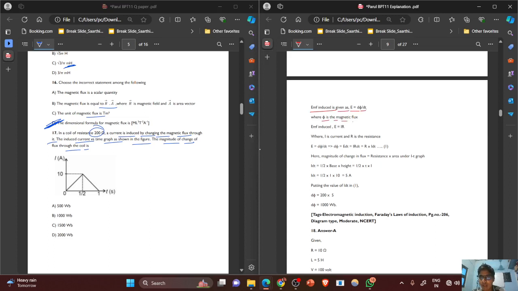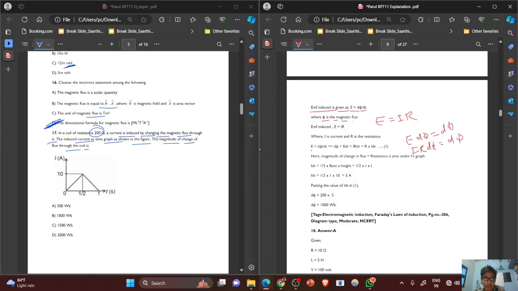EMF induced is also given by E equals IR. Equating these, E dt equals d phi, and so IR dt equals d phi.